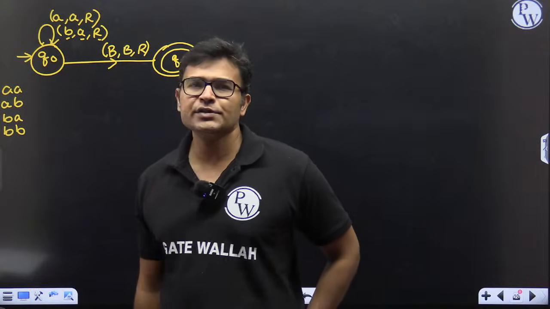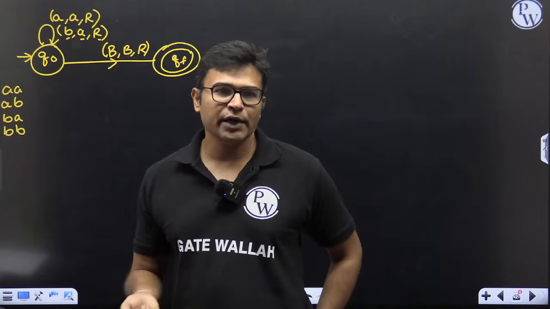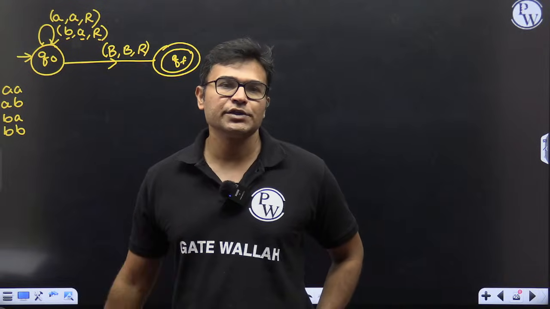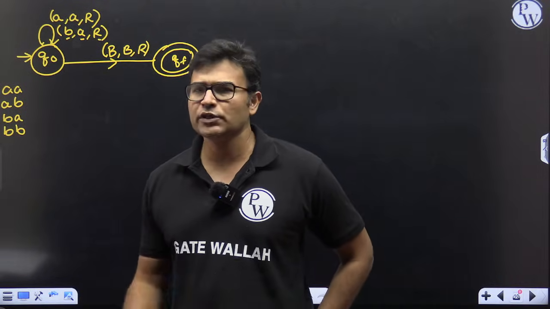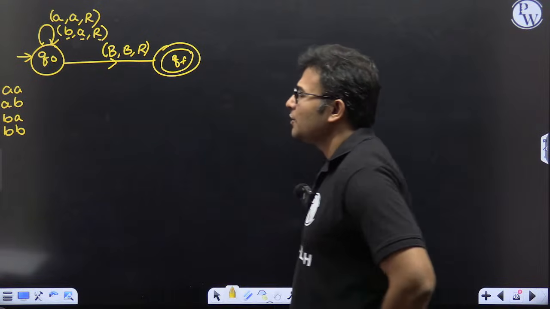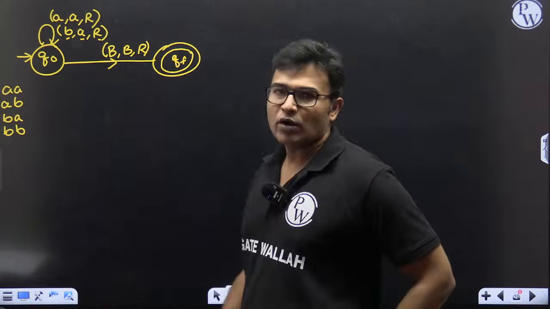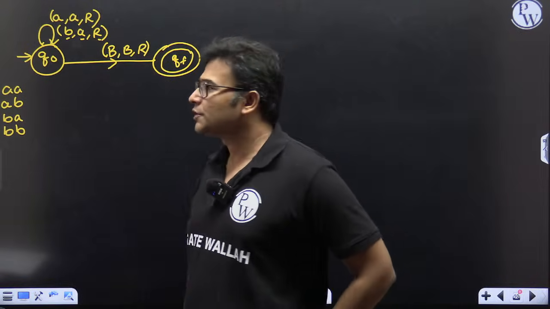Since I'm explaining, it is taking more time, but you can definitely do these questions within 2 or 3 minutes in the exam. While explaining, you may think this is a little difficult, but once you practice, it will be very easy.